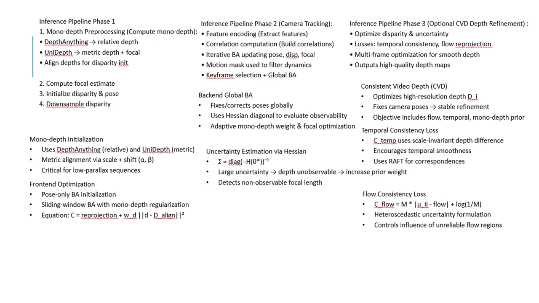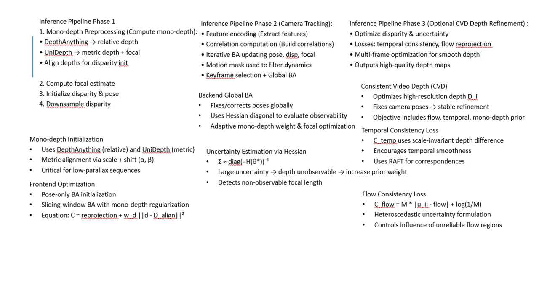Next, front end optimization is pose-only BA estimation, meaning applying a sliding window on mono depth regularization, which uses reprojection and depth alignment, required for inference pipeline phase 1.